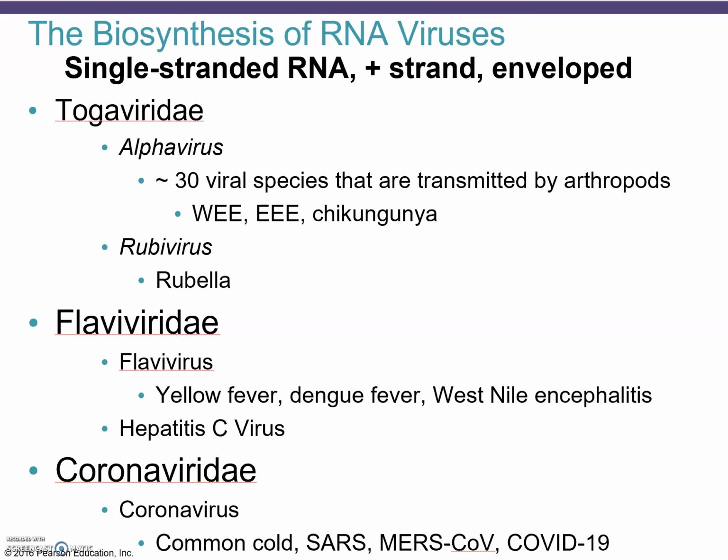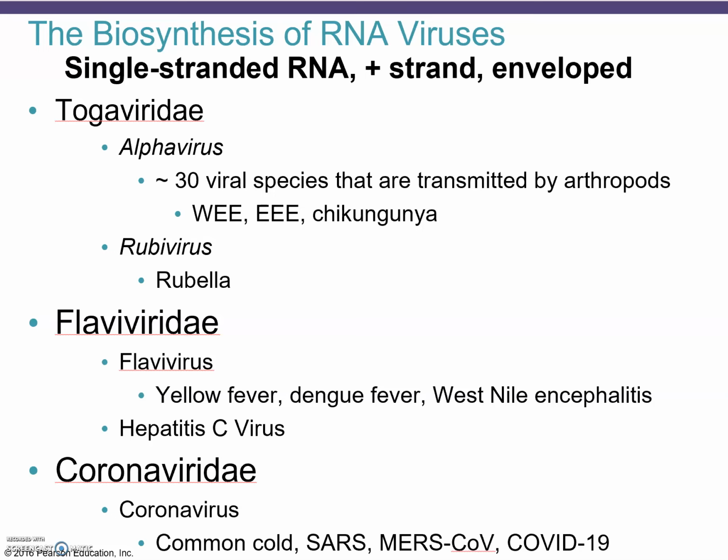These are about 30 viral species that are transmitted by arthropods, including the Western equine encephalitis and the Eastern equine encephalitis viruses that are usually abbreviated as WEE or EEE. Then we have the rubivirus that includes rubella, and the Flaviviridae, the flaviviruses such as yellow fever, dengue fever, West Nile encephalitis virus, and then also the hepatitis C virus.